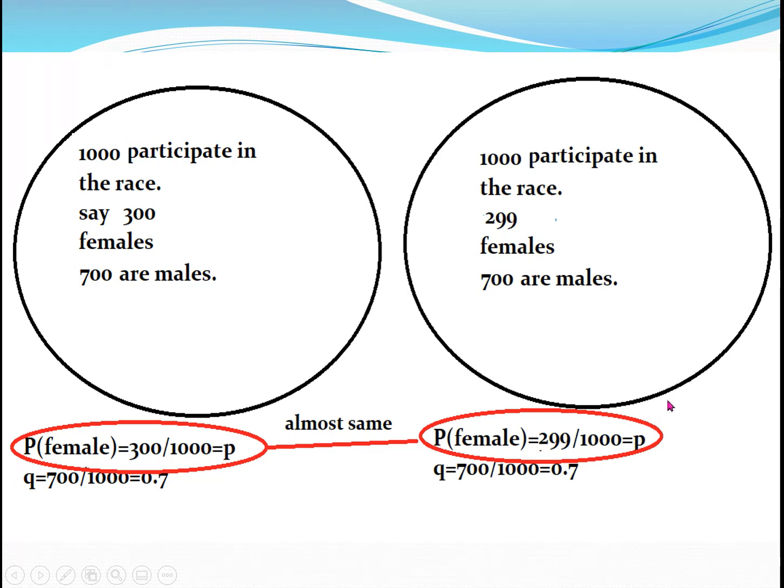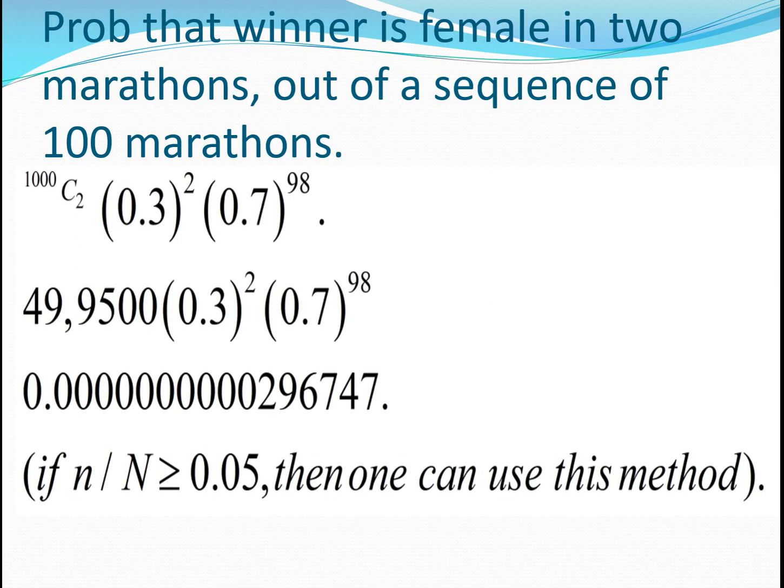So this is the reason that if the population is very large, we can say that the hypergeometric distribution converges to binomial distribution. So let's empirically calculate the probability. Let's say we organized 100 marathons, and we want to see that out of these 100 marathons, in 2 of the marathons a female is the winner.